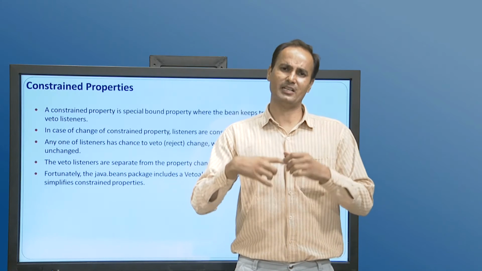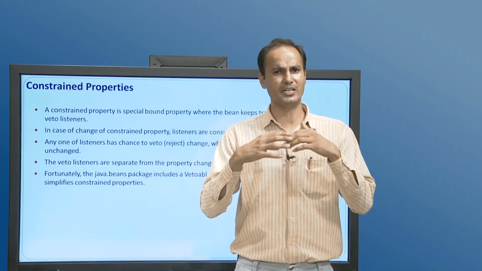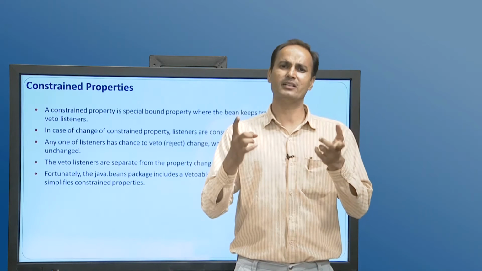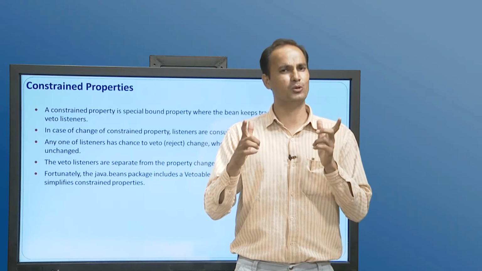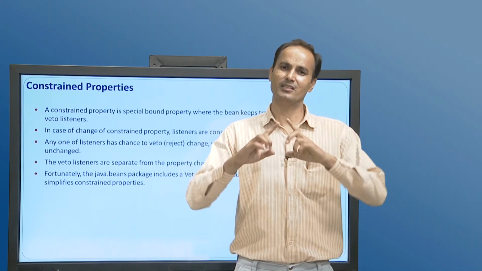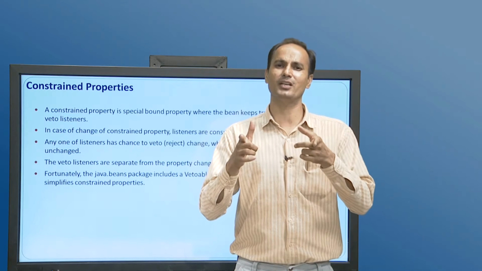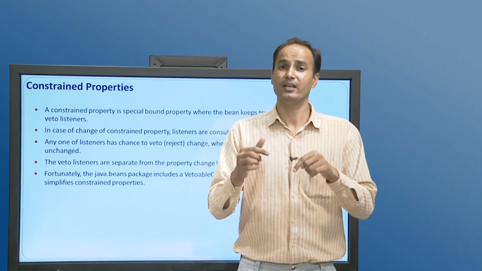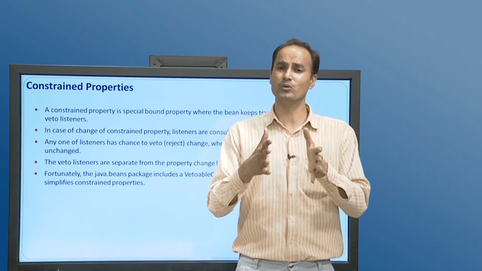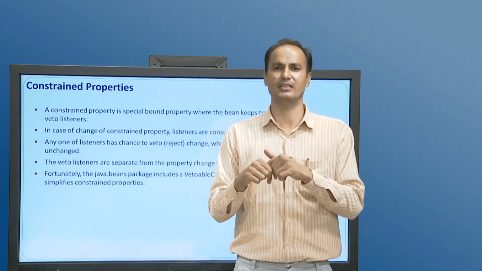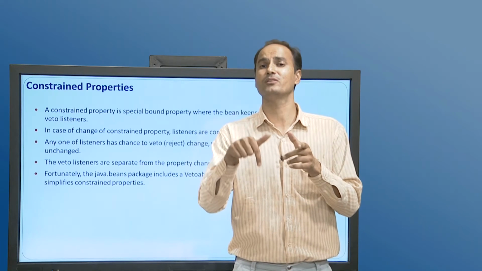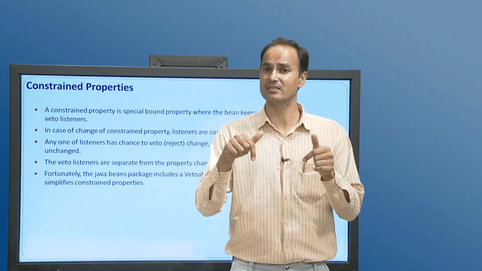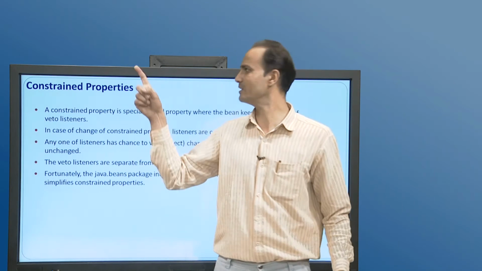Whenever the property is going to change, all the registered listeners will be notified about the change, and once the notification reaches the registered listeners, they have a veto, either to approve the changes or to reject the changes. The rejection of changes is the main concept under the constraint property.